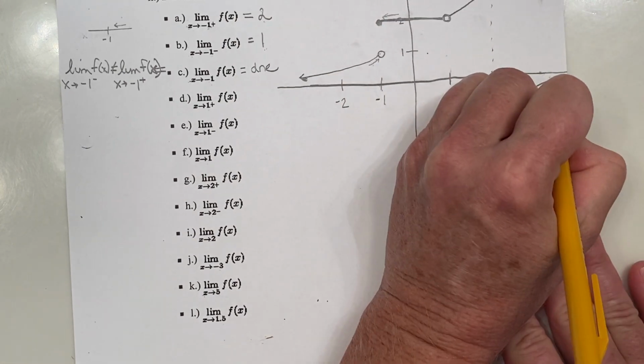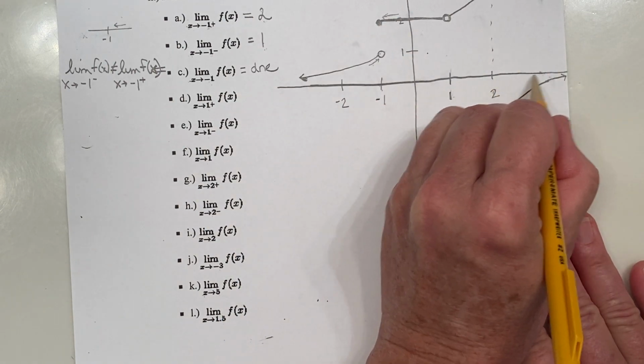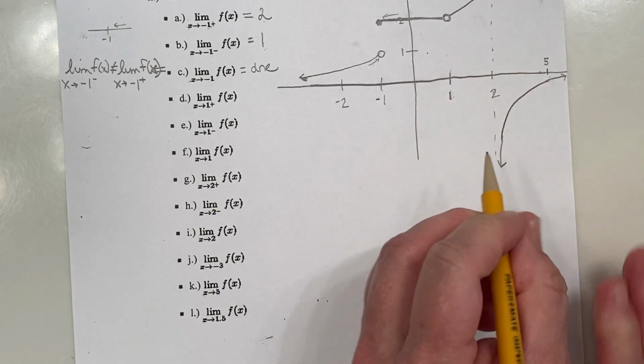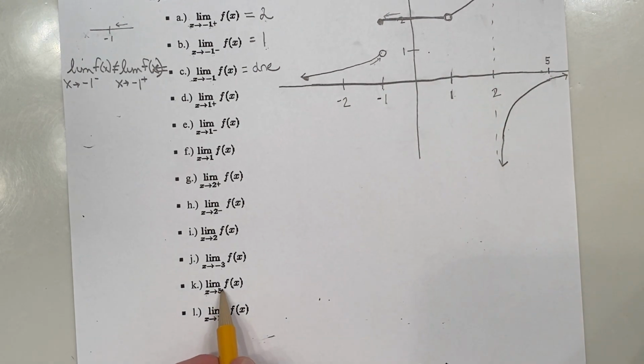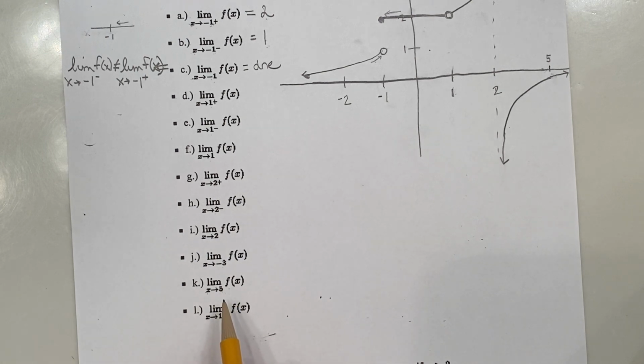Let me extend this a little bit and put 5 on here. That's 1, 2. I'd run out of room, but let me say that this is 5 right here. What's the limit as the x values approach 5? Notice it doesn't say from the left or the right, but it's our responsibility to look at the limit from both the left and right hand side.